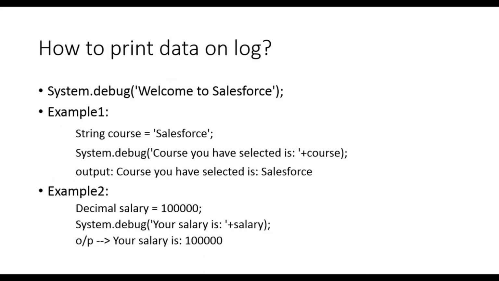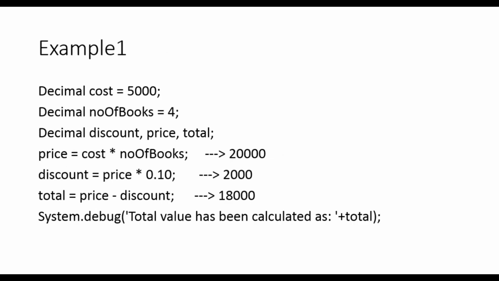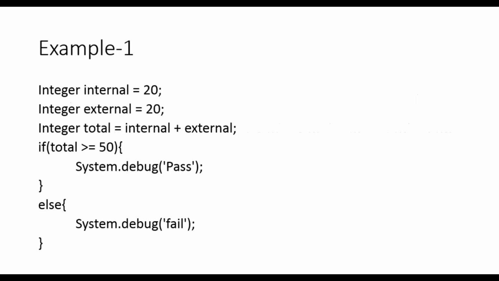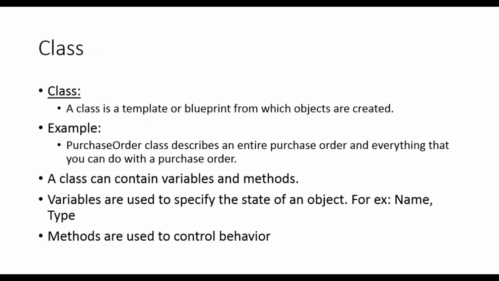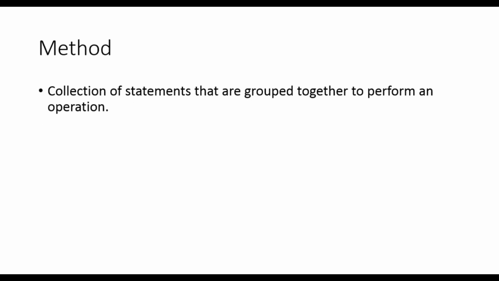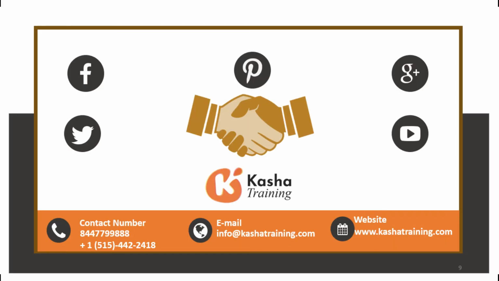Then using system.debug, how to print the data, how to print dynamic data also we have seen. Then if-else statement, then class, object, access modifier, method, constructor, static example we have seen.